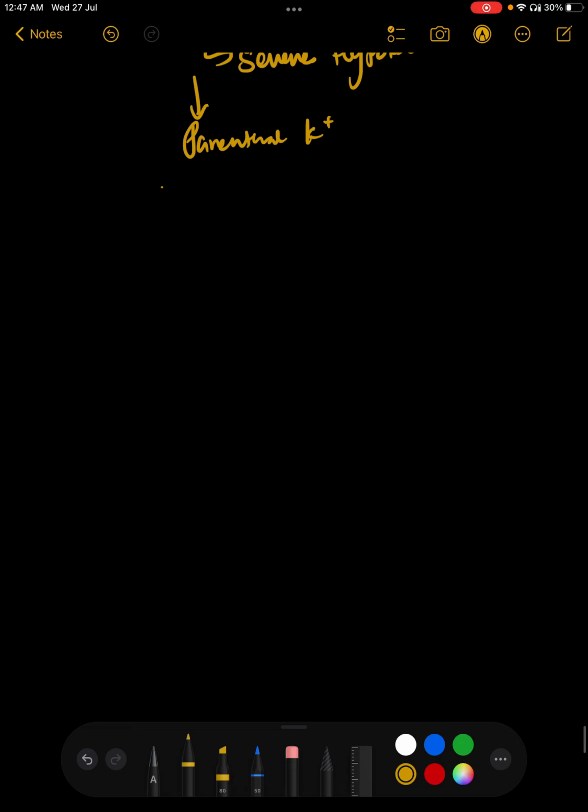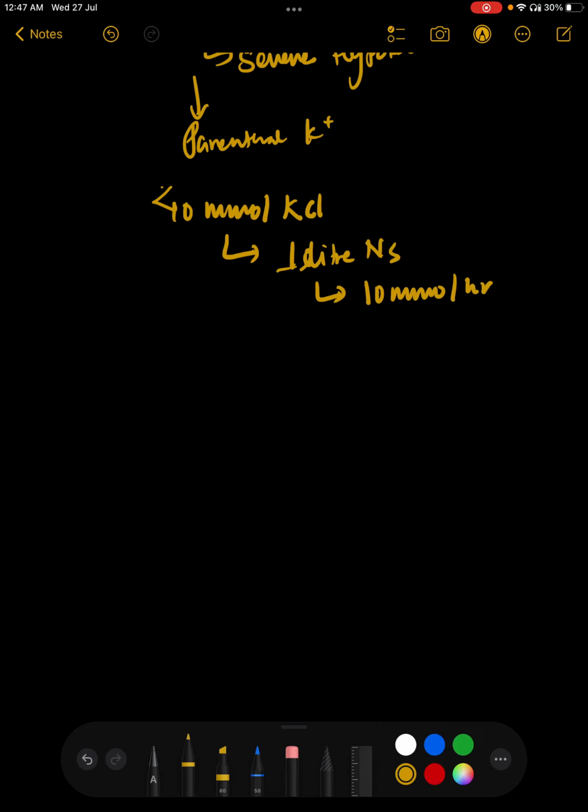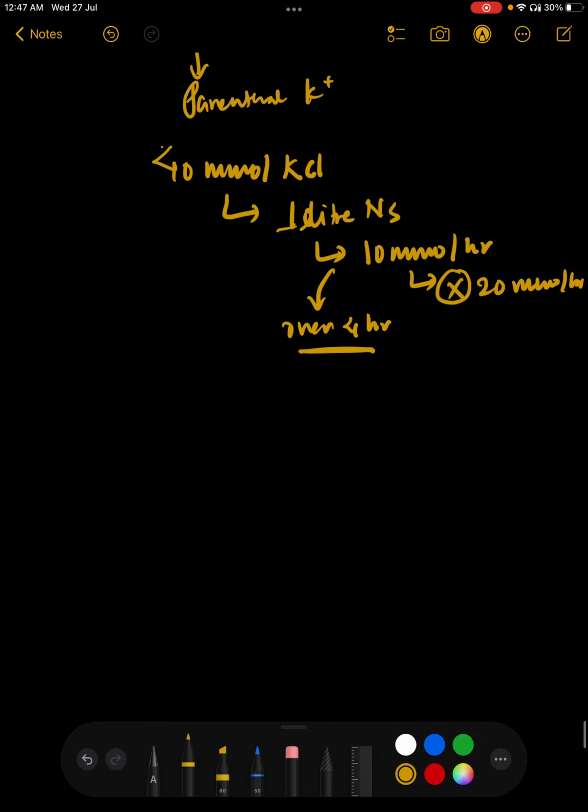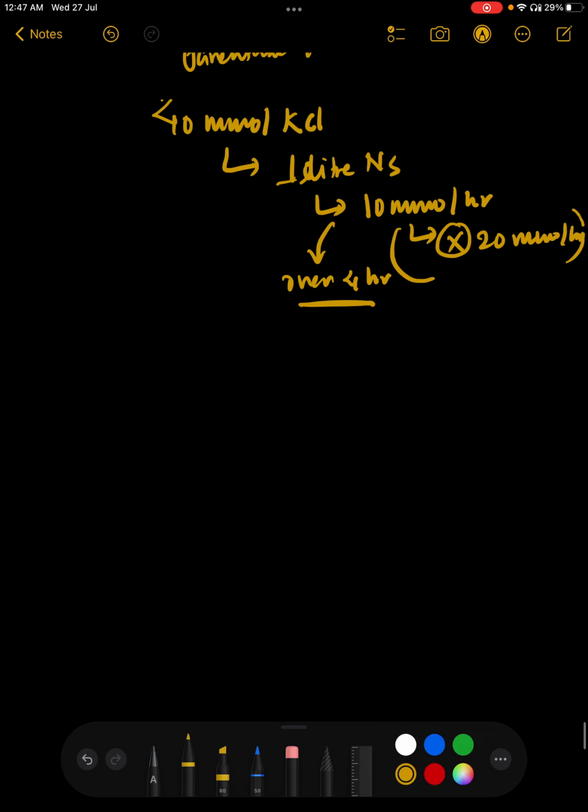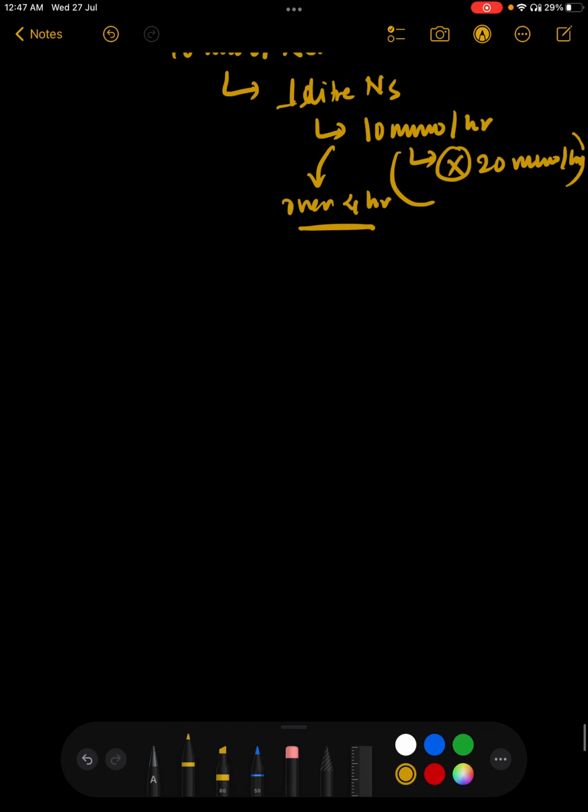So the dose is 40 millimole potassium chloride in 1 liter NS, at a rate of 10 millimole per hour, not more than 20 millimole per hour, over 4 hours. You should not increase this.